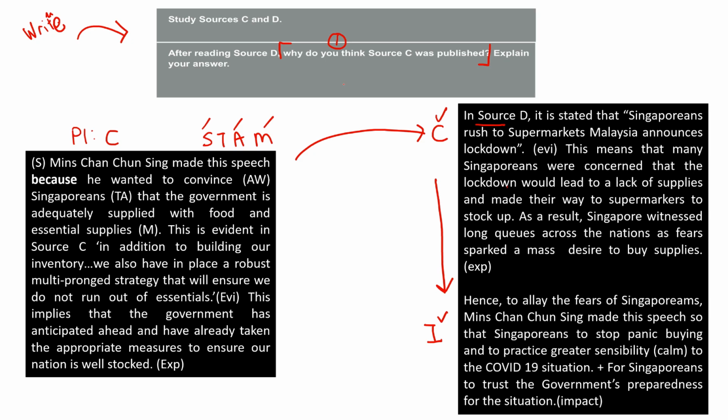Together, this will allow you to fulfill the requirements of this question. You have explained why you think source D was published, and you've also shown how source D helps you to better derive the intended motive or the desired impact that the speaker wants to achieve in source C.